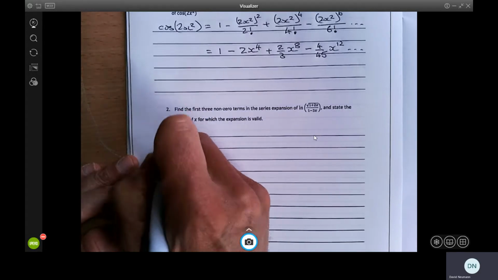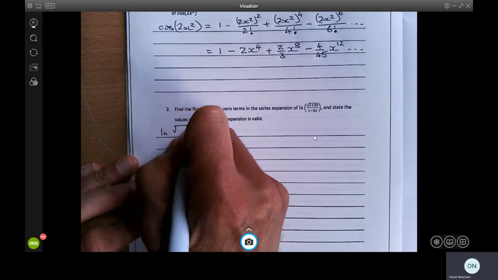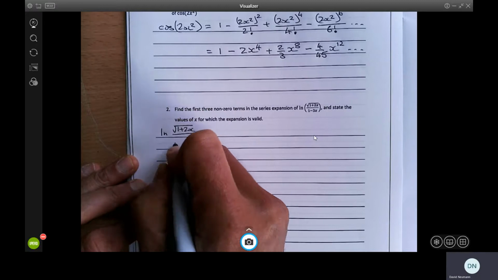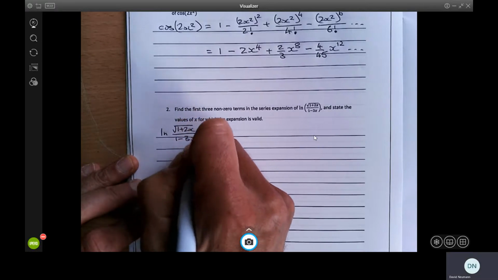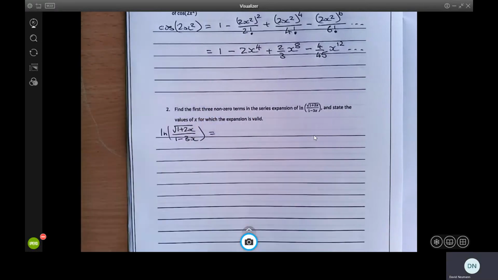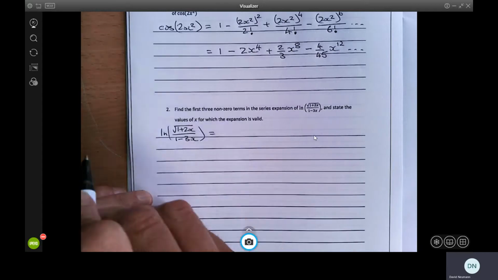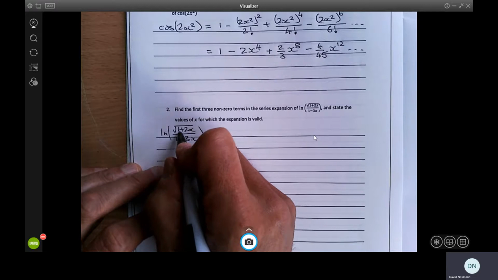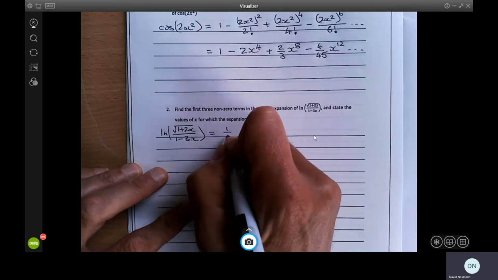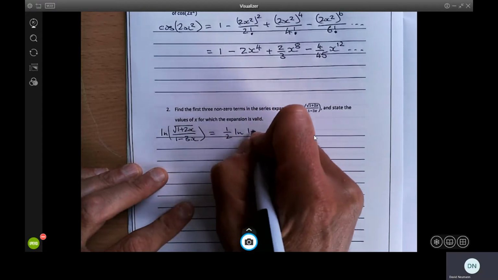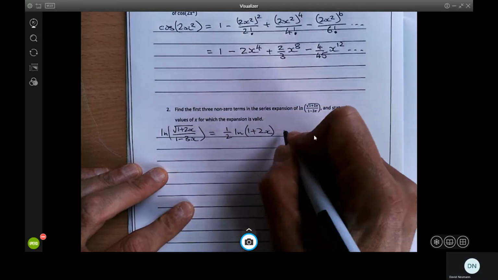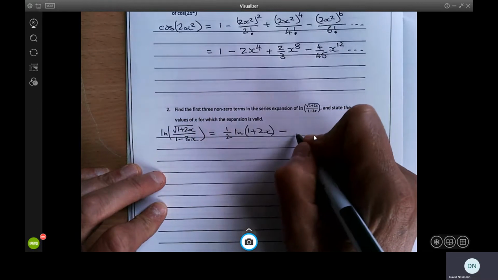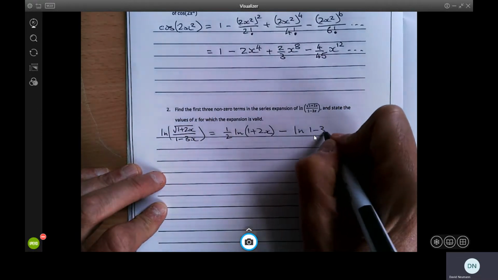So ln of the square root of 1 plus 2x over 1 minus 3x is going to be equal to, well, we've got ln of the square root of 1 plus 2x, which is a half ln of 1 plus 2x, minus, because this is on the bottom, divided by, ln of 1 minus 3x.